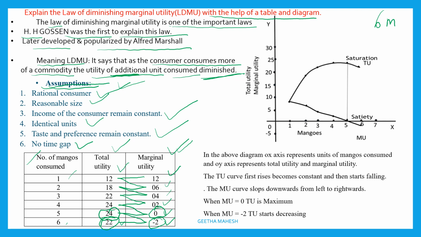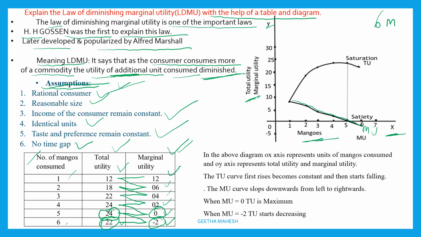The same thing is represented with the help of a diagram. On the x-axis mangoes are measured, on the y-axis total utility and marginal utility are measured. When you represent graphically, you can see here the marginal utility keeps on decreasing as consumption of mangoes increases.